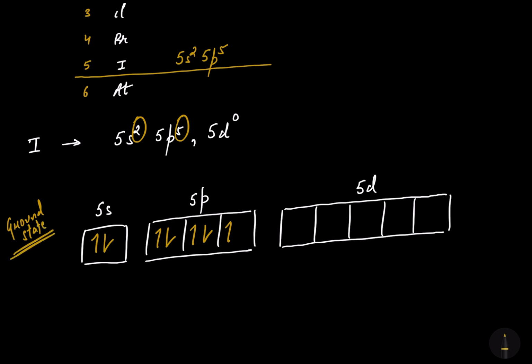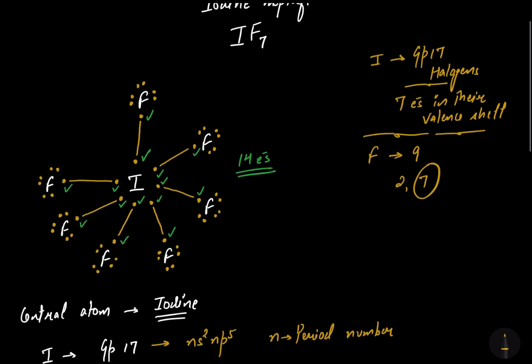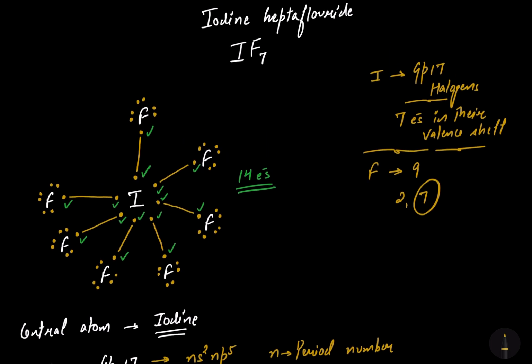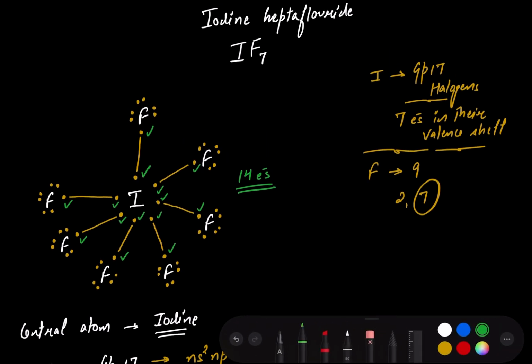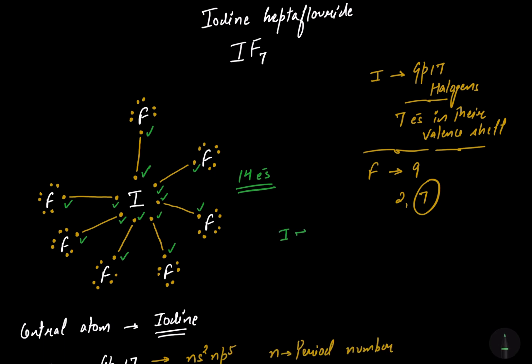After that, let's come to the Lewis structure. In Lewis structure, iodine is forming a maximum of 7 covalent bonds, and we can say that all the bonds are single bonds between the fluorine and the iodine. That means all the bonds are sigma bonds, so we got the 7 sigma bonds.